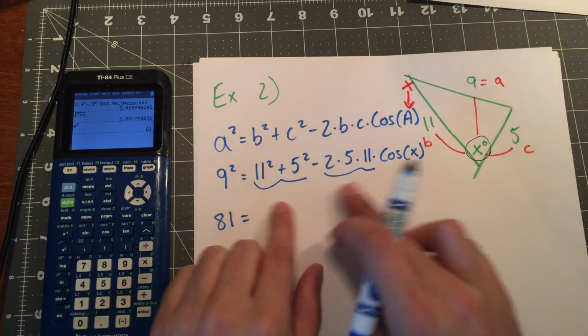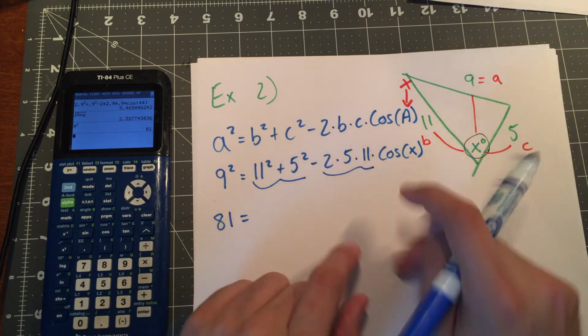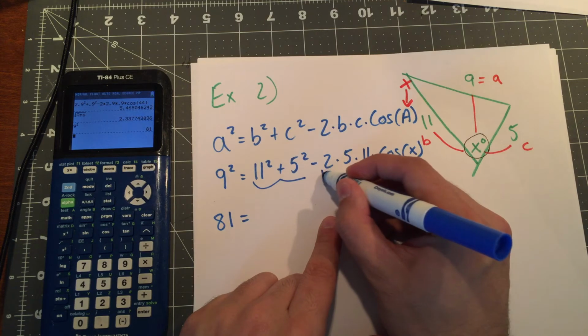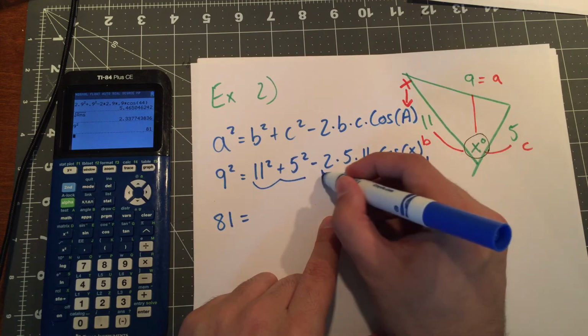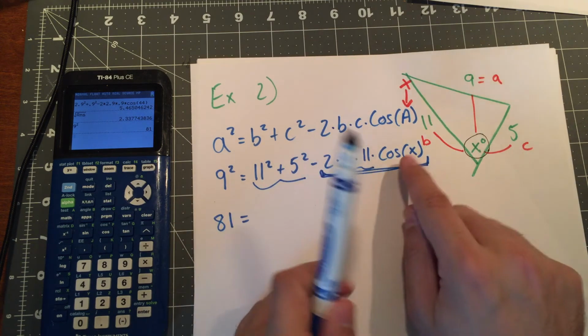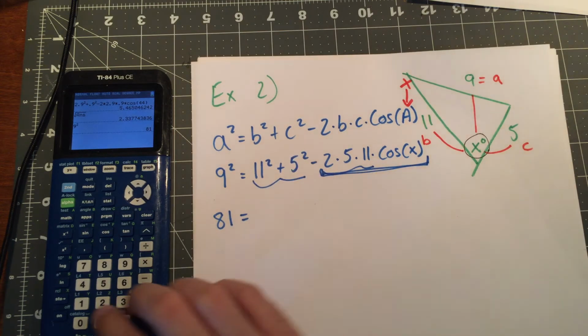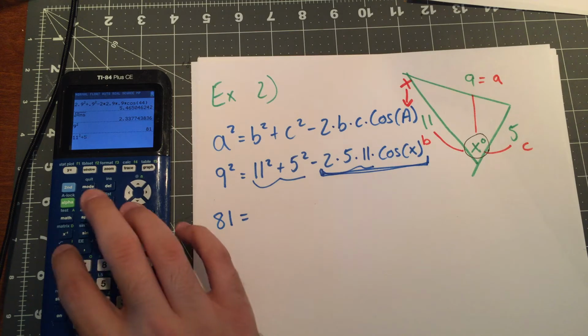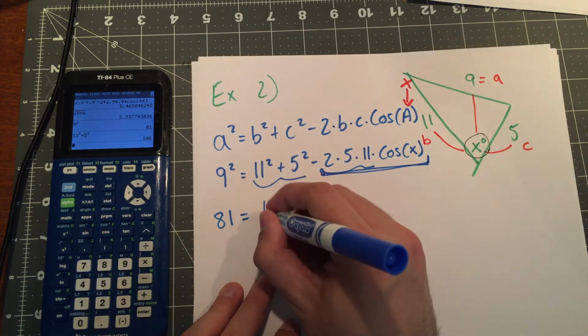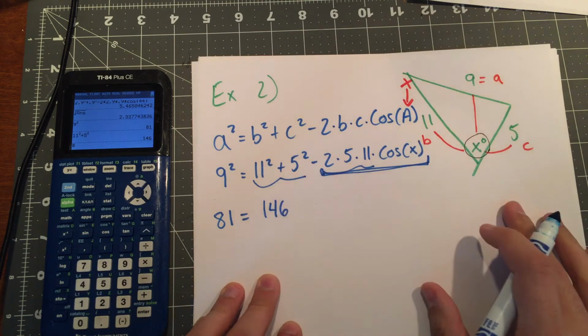The reason I can't do all of this together is because this is a term. If you remember that from back in algebra, that is like a term because of that variable is locked onto there, and it can't play with just numbers. So 11 squared plus 5 squared is 146.